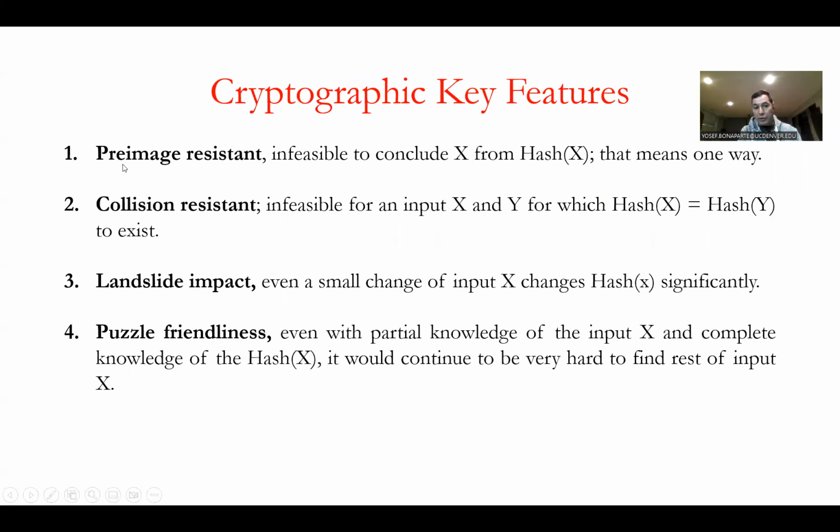Cryptographic key features, here are 4 of them. Pre-image resistant, collision resistant, avalanche effect, which is a small change of input X changes the hash, and puzzle friendliness, where even with partial knowledge of the input X and complete knowledge of Y hash, it would continue to be very hard to find the rest of the input X. So here, the hash function is important because you have a key, a digital key.